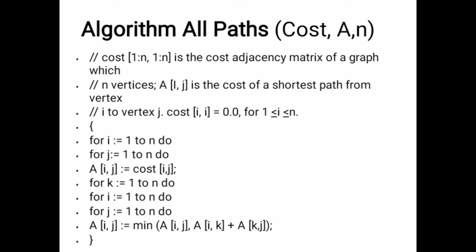The all-pair shortest path algorithm is to determine a matrix A such that A[i][j] contains the shortest distance from i to j.